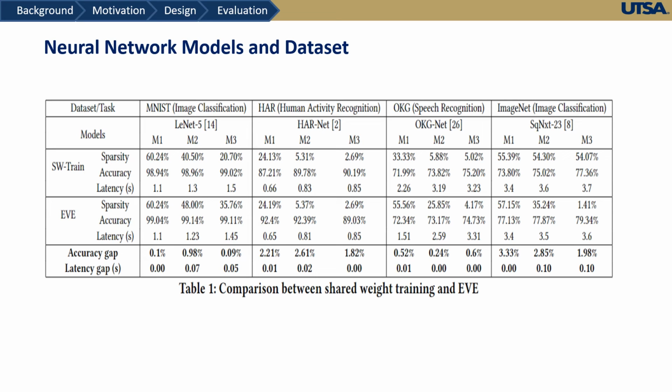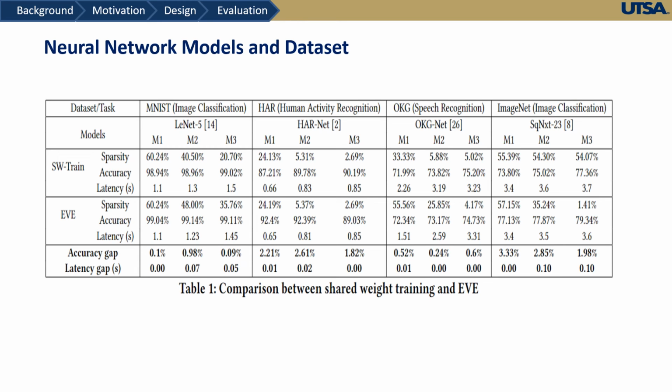Here we have shown four DNN models: LeNet5, HRNet, OKGNet, and SqueezeNet. Here every DNN model consists of three submodels, which are basically three different sparsity models discussed in the previous section. Here M1 is the high, M2 is the medium, and M3 is the low sparsity model.